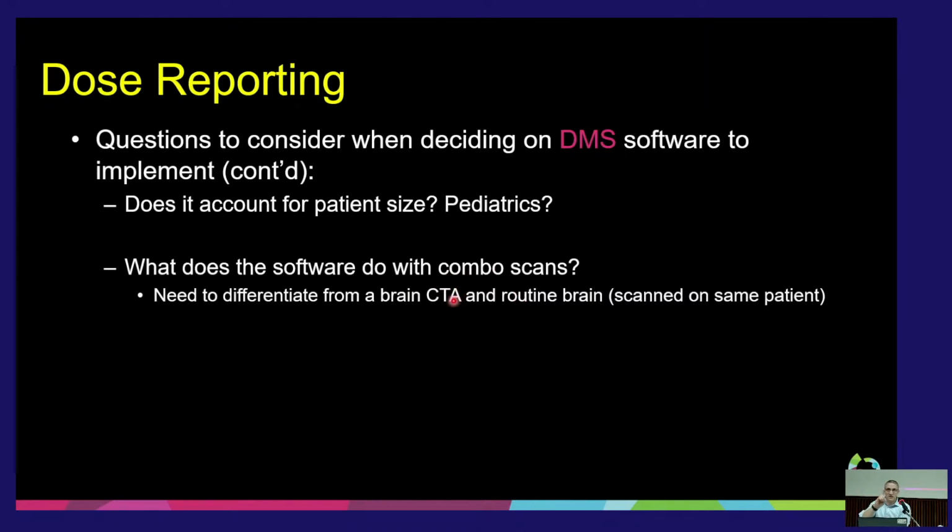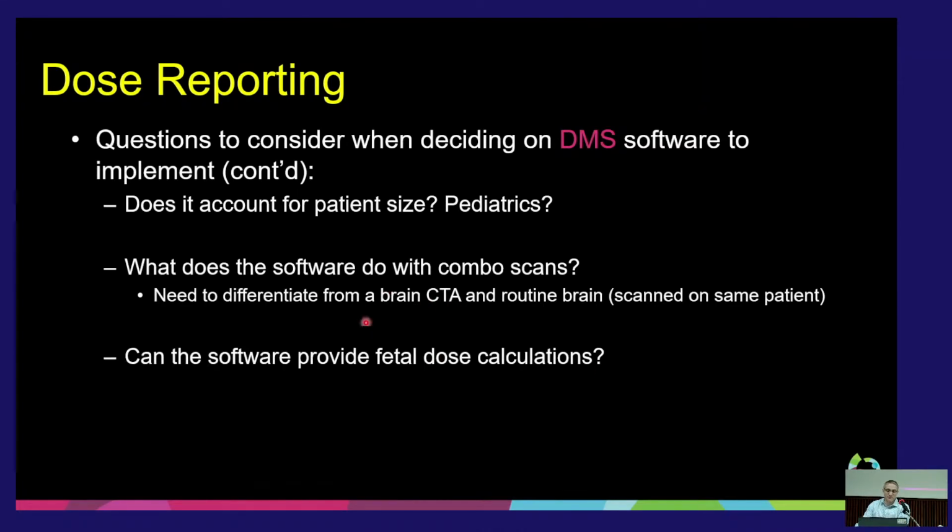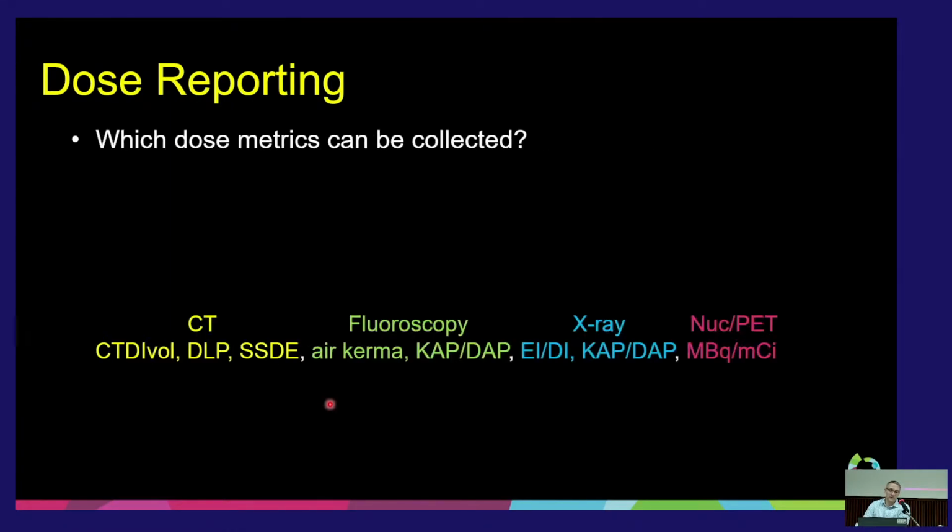So it's one exam with a very high CTDI number, when in reality it was technically two studies that were just put together. So you need to know how they handle multiple exams under one accession number. And then can the software do other fancy calculations such as fetal dose calculation, organ dose calculations, etc.?